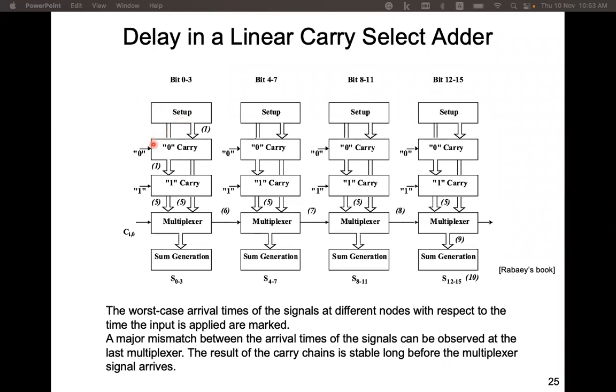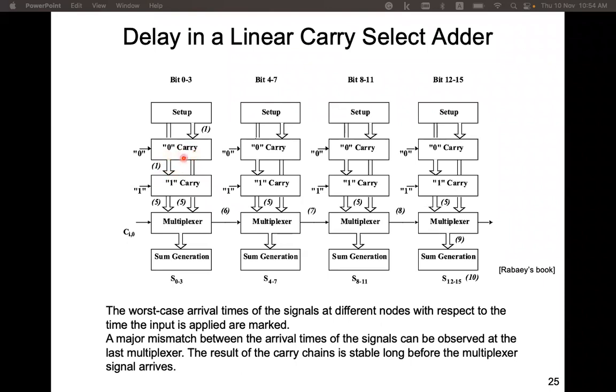Now let's check the delay at different positions. So let's say time 0 is the time when the 2 input words arrive. Then after the setup time, the output has 1 unit of delay here. This setup output also goes to this 1 carry block directly without going through the 0 carry delay. These are 2 parallel blocks. So delay here is 1.